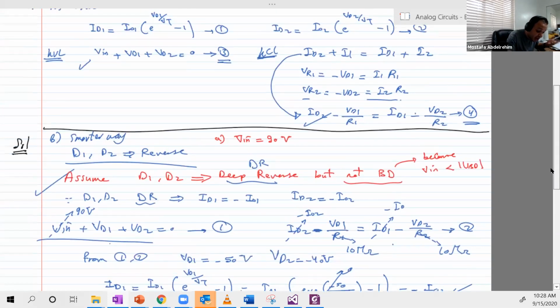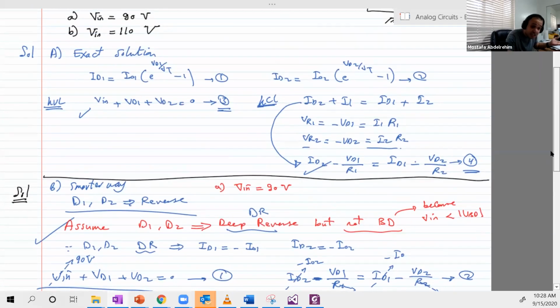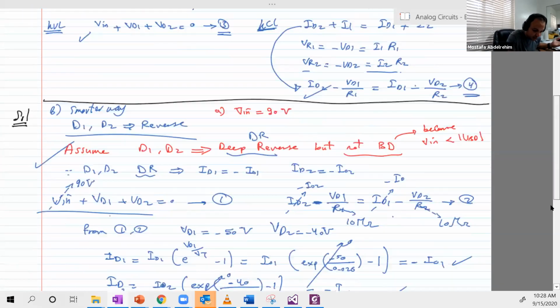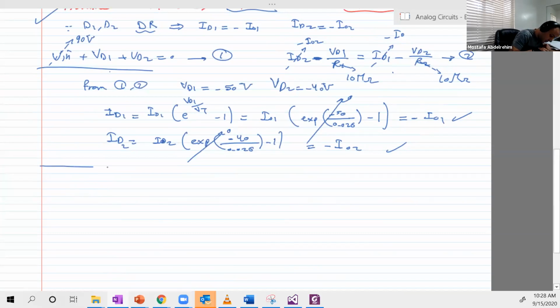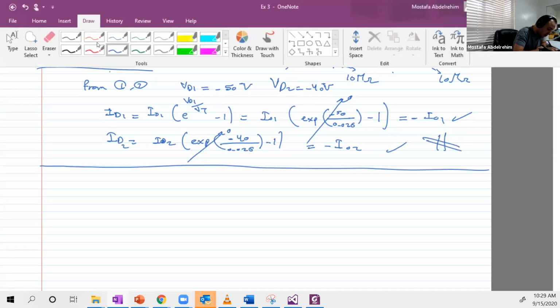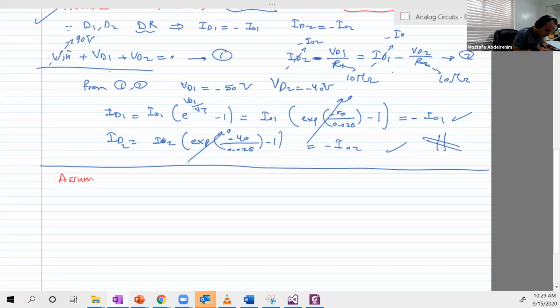So we said that they are not breakdown, right? So let's assume one of them or even both of them are breakdown. Here it is complete. Let's assume, for example, that D1 is breakdown and D2 is in deep reverse, but not breakdown.